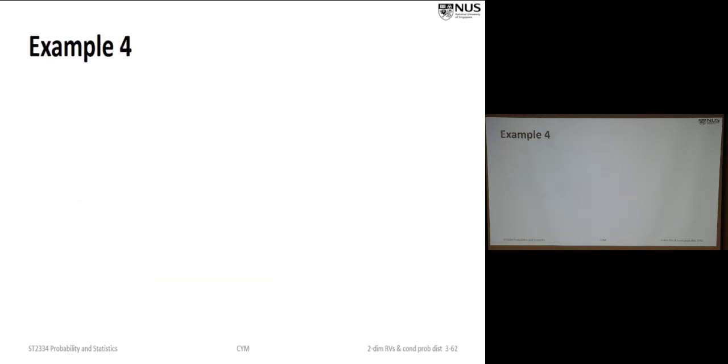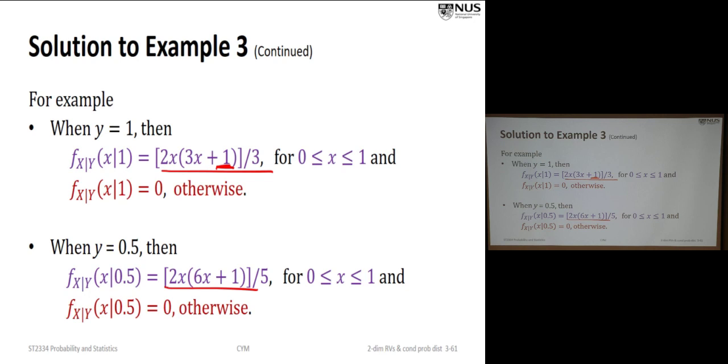Okay, to summarize all this, you just have to remember, first of all, if you are given the joint probability function or joint probability density function, it tells you everything. From there, you can work out the marginal of x, how x behaves, and how y behaves.